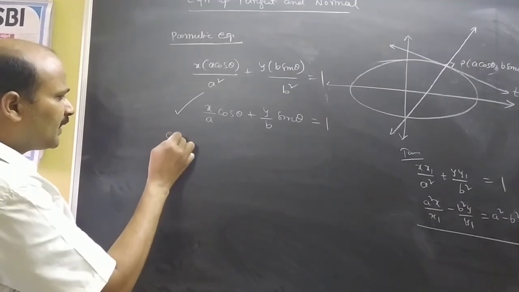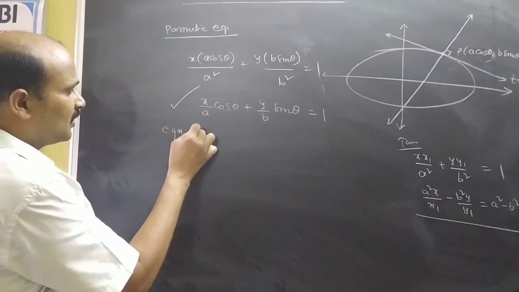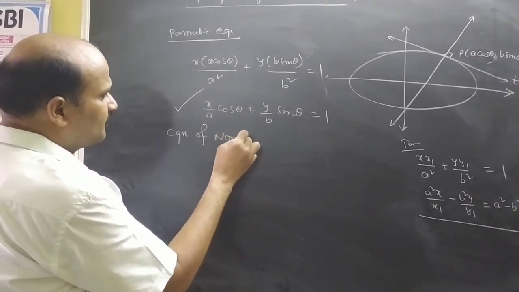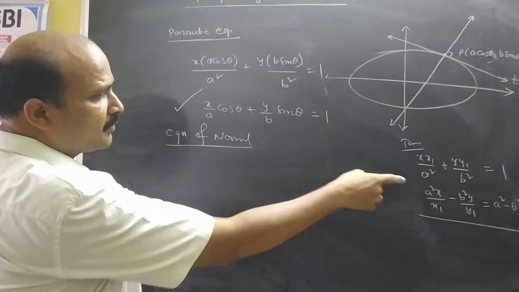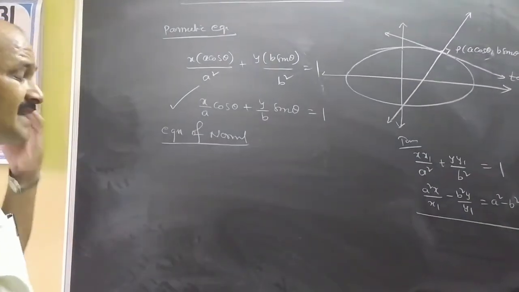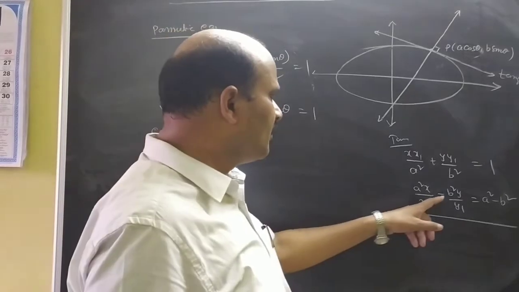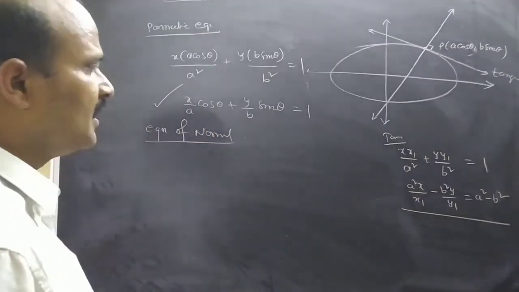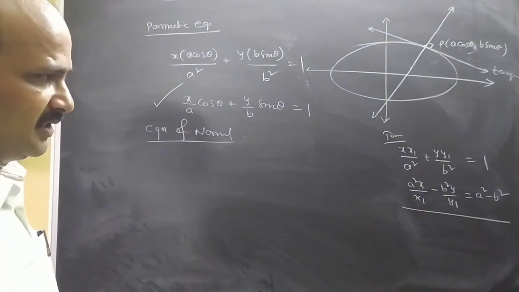Now the parametric equation of the normal. The same thing: already we know that the normal equation is a²x/x1 − b²y/y1 = a² − b².